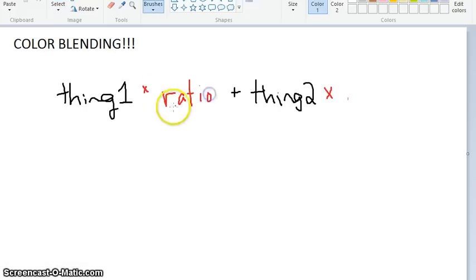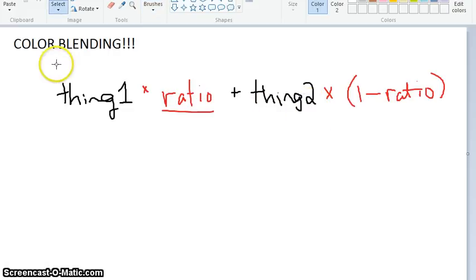Make sure that it is not bigger than 1. That'll mess things up. And then over here, you want 1 minus that ratio. I'm writing with my mouse again, so don't judge my handwriting. You want 1 minus that ratio as your multiplier over here. When you add that together, you're going to get a beautiful blended weighted average.